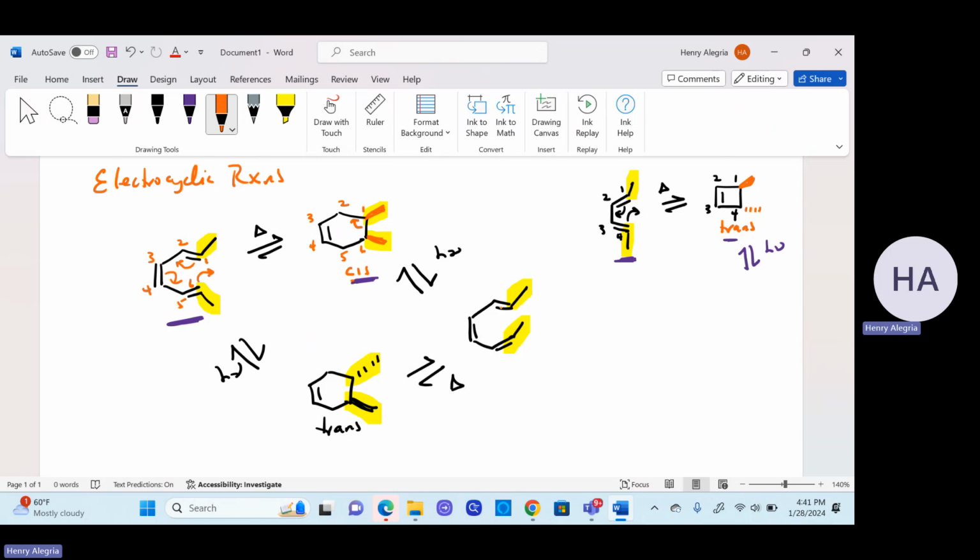So I end up, notice, with a double bond between 1 and 2.